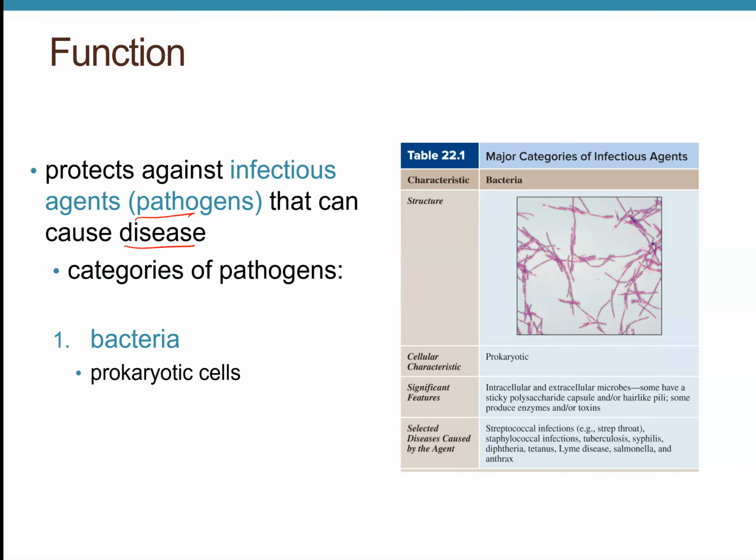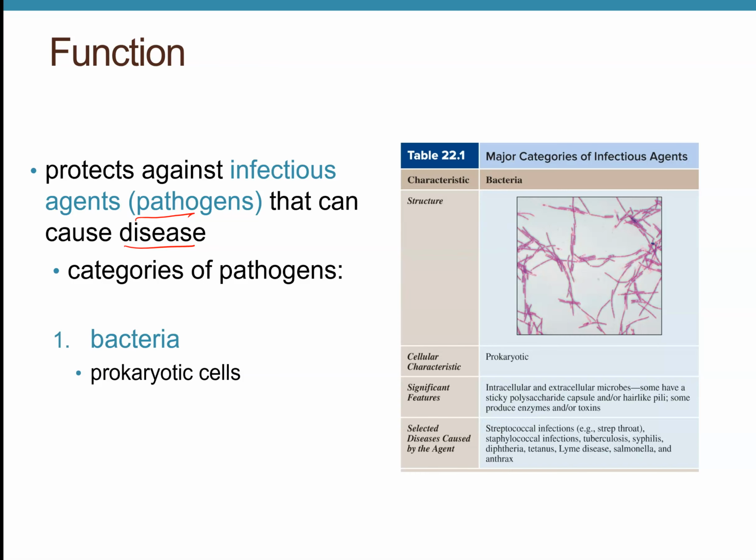So different categories here. First category is bacteria. There's lots of different types and species and strains of bacteria. If you take microbiology, you'll learn a lot more about all these different pathogens. But bacteria, if you remember from maybe a BIO211 class, are prokaryotic cells.